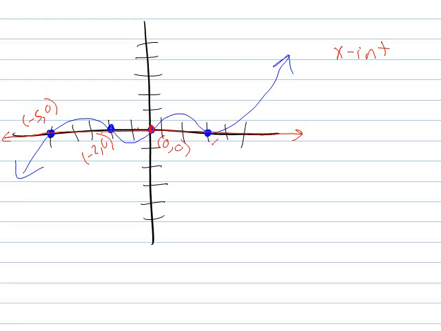And this point also counts, 1, 2, 3, 3, 0. Now some people say, well, it doesn't go through, it just touches. Touches is good enough. If it touches the x-axis, that's absolutely okay. So I actually have 4 x-intercepts, and I'm just going to list them like this: -5, -2, 0 and 3. Those are my x-intercepts.